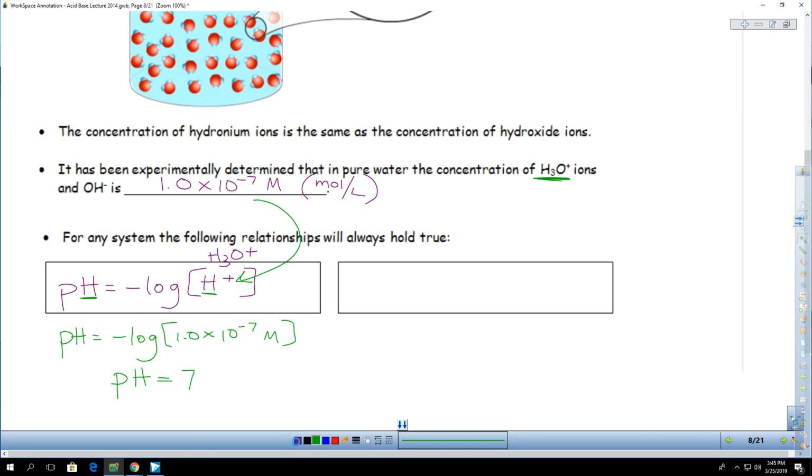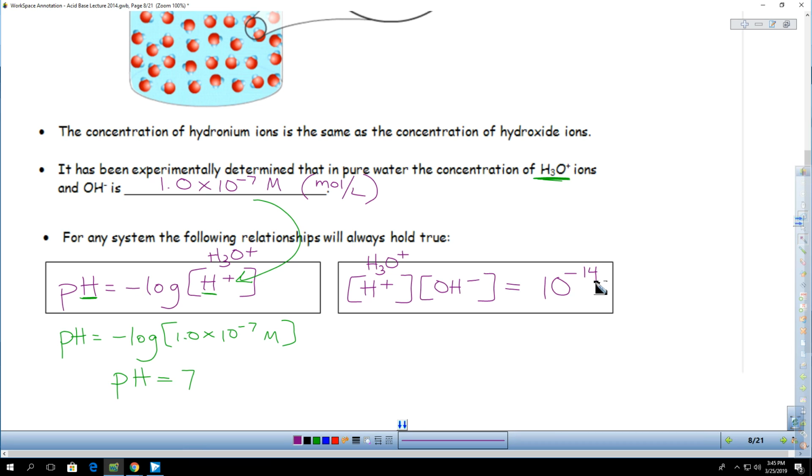For any solution, it could be an acid, it could be a base, it could be water, if you take the hydrogen concentration, which could also be H3O plus hydronium, and you multiply by hydroxide, the product will always be 10 to the negative 14th. That's a constant. These are the two equations we'll use in this acid-base unit. For any solution, hydrogen times hydroxide is 10 to the negative 14.